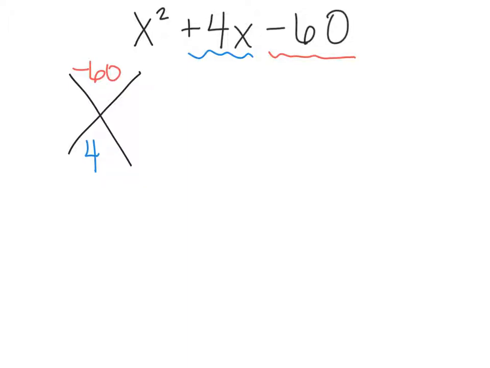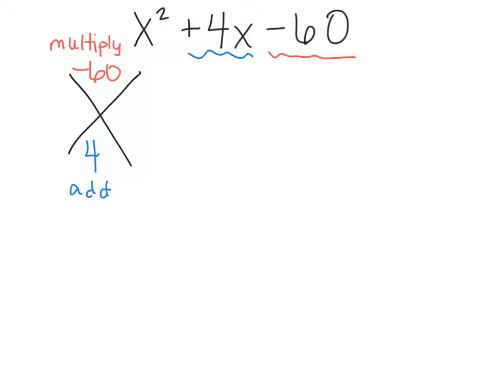So remember, we're looking for two numbers that multiply to negative 60, and those same two numbers need to add to 4.